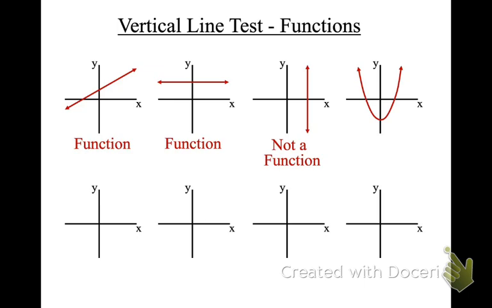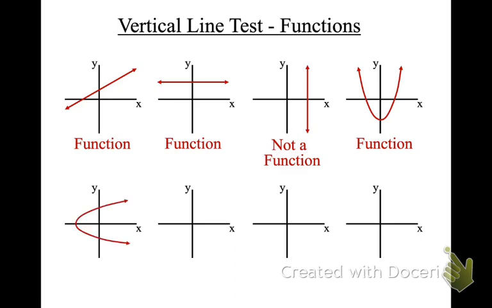When I run my vertical line test, you'll see that it never quite touches 2 parts at the same moment in time. So we would say that this parabola is a function.